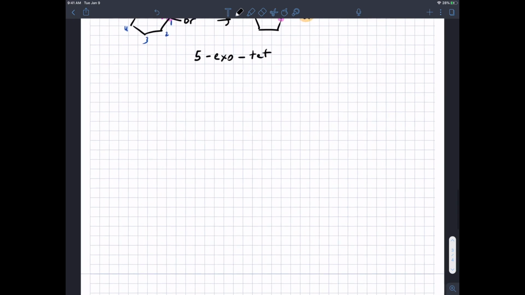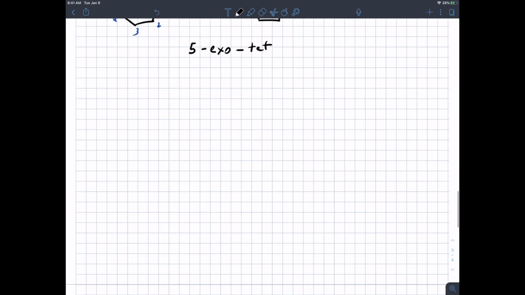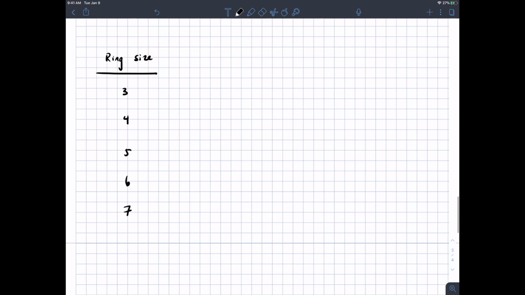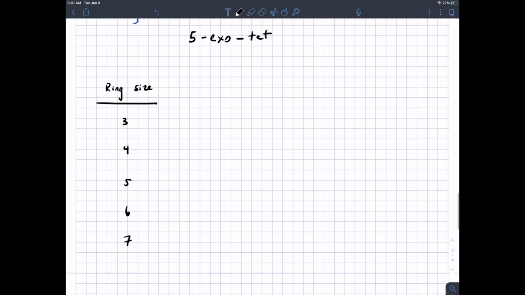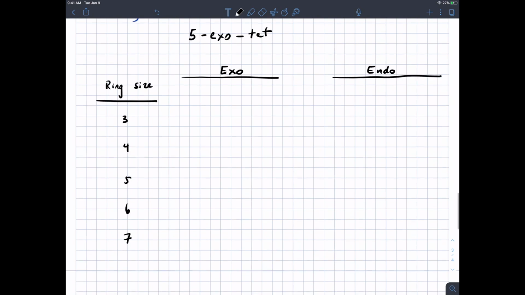So we're going to write out a little table here. On the left, we're going to put ring size. And we'll start with the smallest ring possible, 3, 4, 5, 6, 7. And we won't really go more than 7. And over here, we'll write our 2 possibilities for whether the other atom in the bond that is attacked ends up inside the ring or outside the ring.